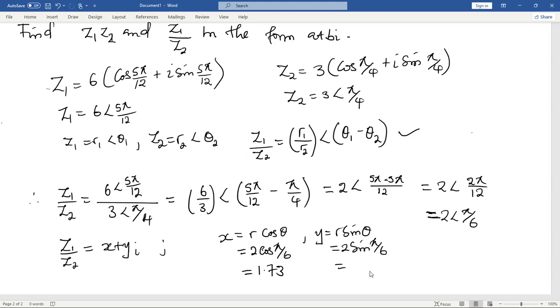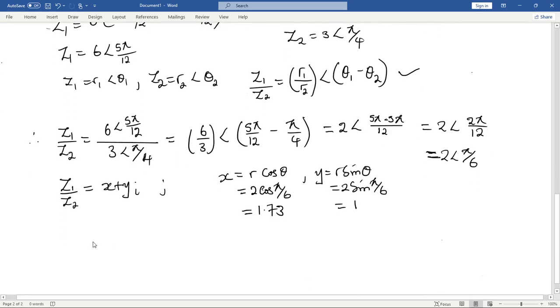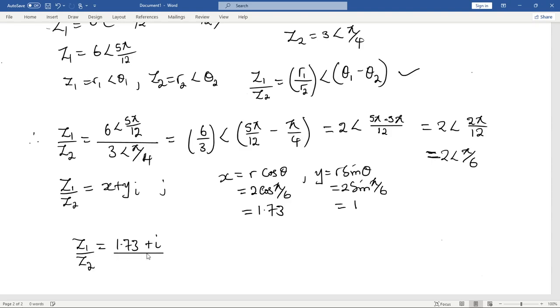We're simply getting a 1 here. Okay. So now, if what we're getting is a 1 for 2 sin pi over 6 here, then our final answer expressed in the form of a plus bi, we're simply going to have Z1 divided by Z2 here, simply equal to 1.73 plus i like this here. So this here is our solution.